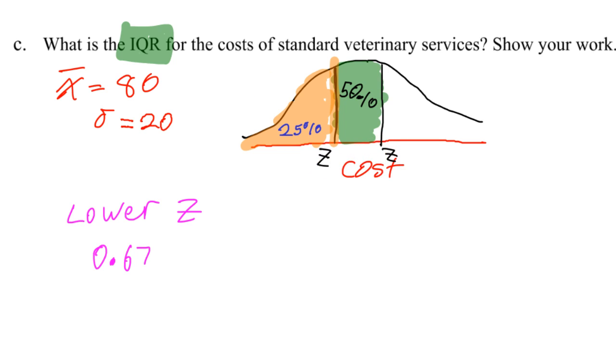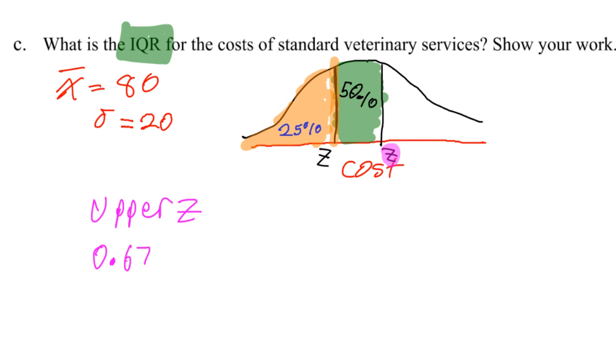Oh, wait a minute, that's not the lower z-score, that's the upper z-score. My bad. Because we looked at 75%, the upper z-score is 0.67.